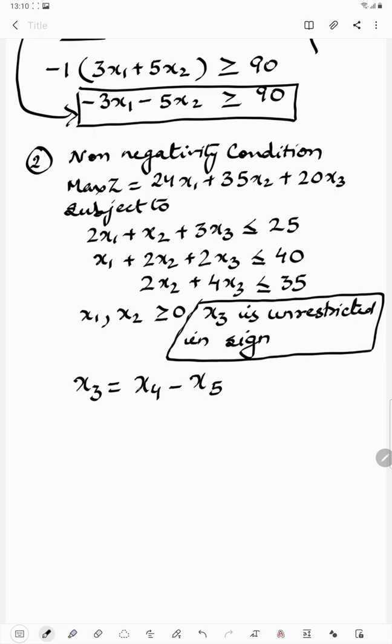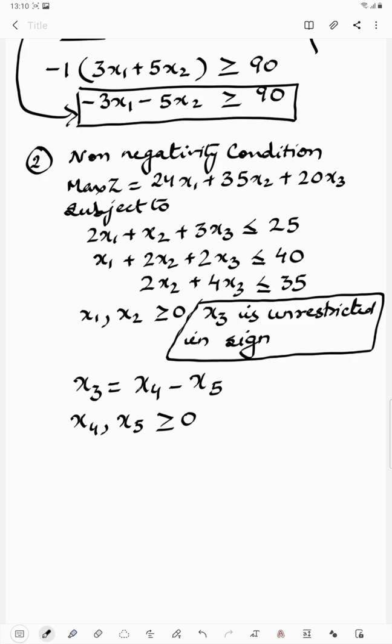So x3 is equal to x4 minus x5, where x4 and x5 are also decision variables, greater than or equal to 0. This means x4 and x5 are non-negative variables, and we have assumed that x3 is the difference between x4 and x5. Now we can solve the question.